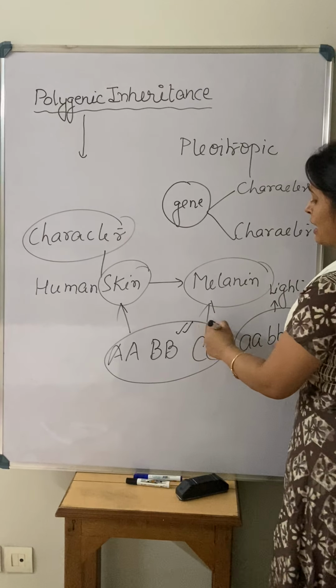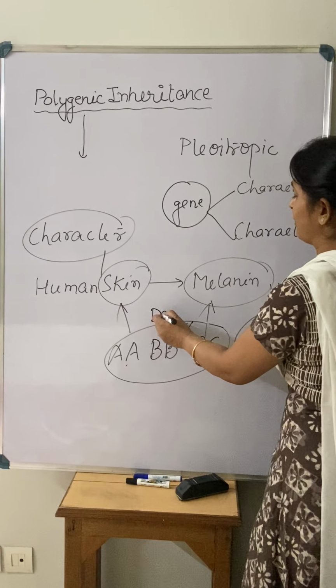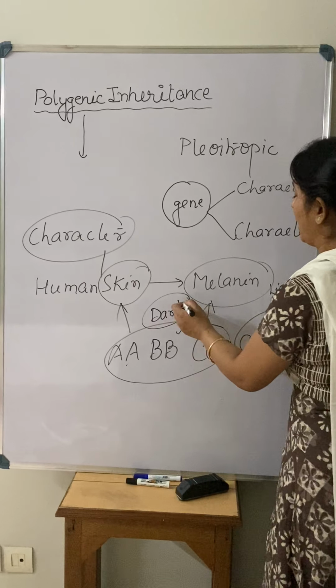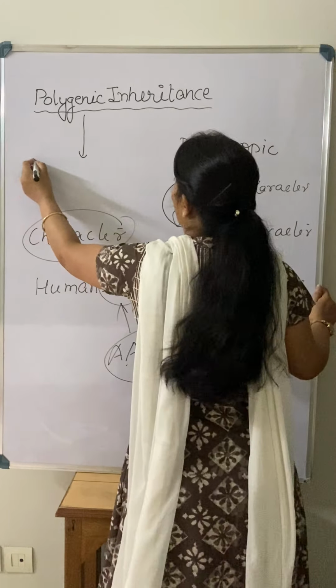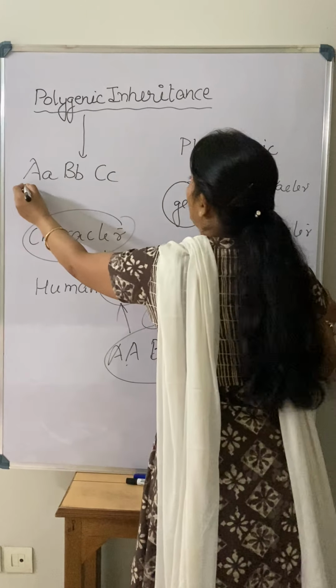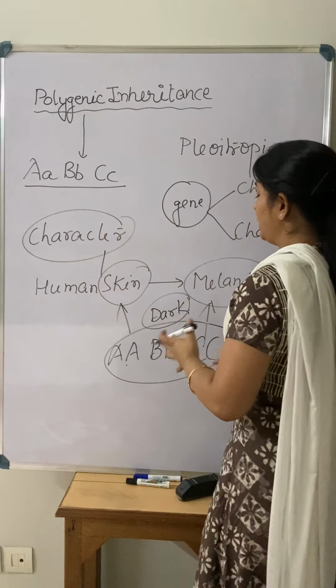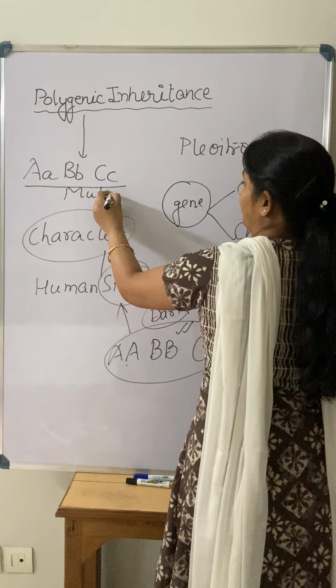And if the person has the capital combination, that person has a very dark skin color. When both of them fuse, the possibility is capital A, small a, capital B, small b, capital C, small c. It means they are intermediate between these two colors, and we call them mulatto.